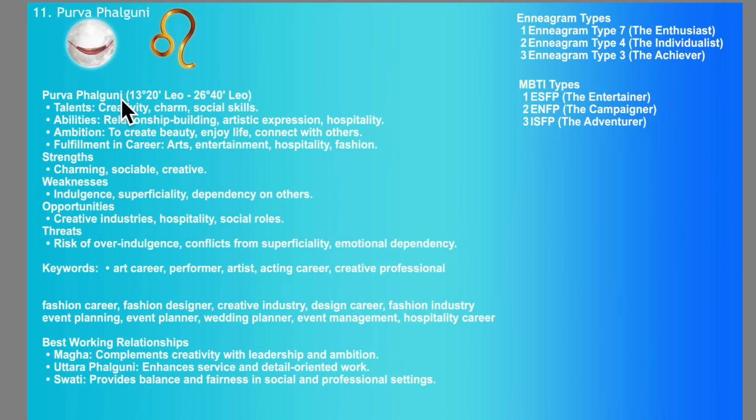So, Purva Phalguni, 13 degrees 20 minutes of Leo to 26 degrees 40 minutes of Leo. Talents being creativity, charm, and social skills. Whatever I just spoke of, you will see here. Abilities: relationship building, artistic expression, and hospitality. They are even good in hospitality industries, the hotels, the resorts, the spas, and so on and so forth.